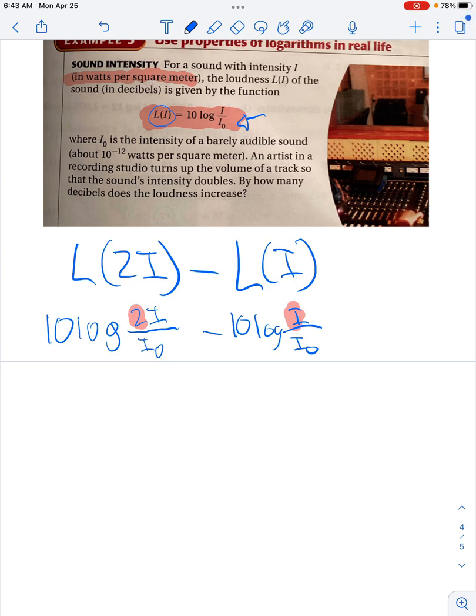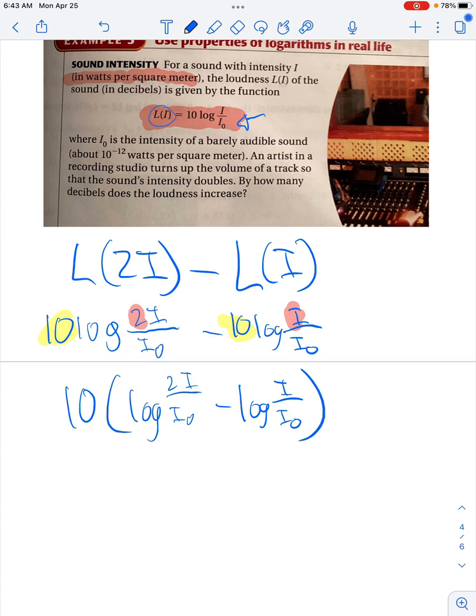Now we can use parentheses. I'm going to factor out this 10 from both sides. I'm going to say 10 times log of 2I over I sub 0, minus log of I over I sub 0. And now I can use my product property. First of all, this is 2 times I, so I'm going to split this up.